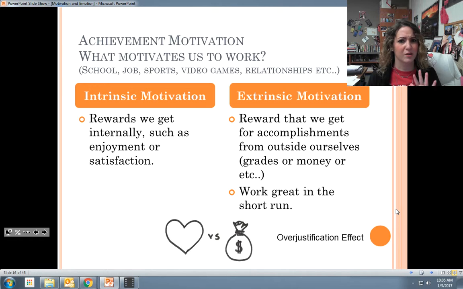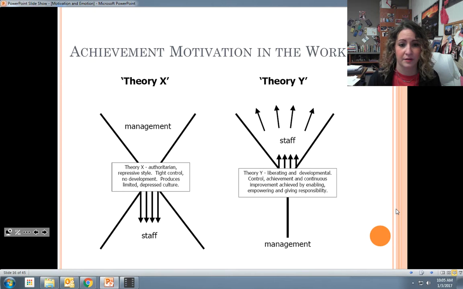So intrinsic works better in the long run. If you are just doing a job for extrinsic motivation, you will do it, but not with as much enjoyment, and you won't do it with the same heart and passion as intrinsic motivation.